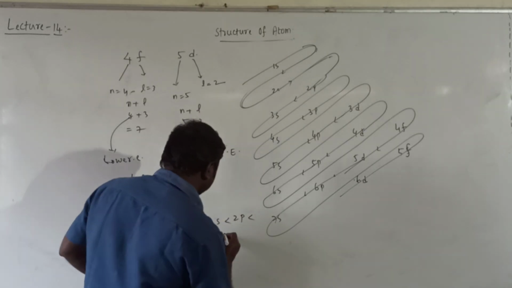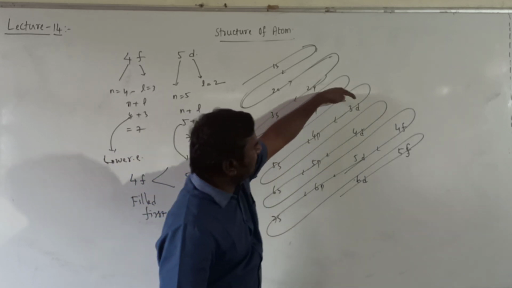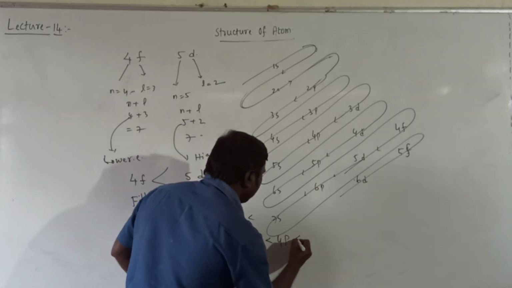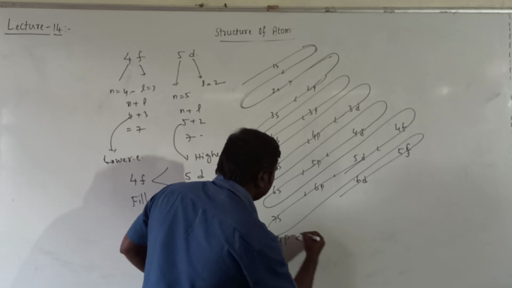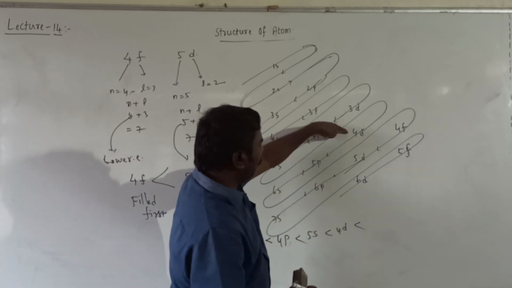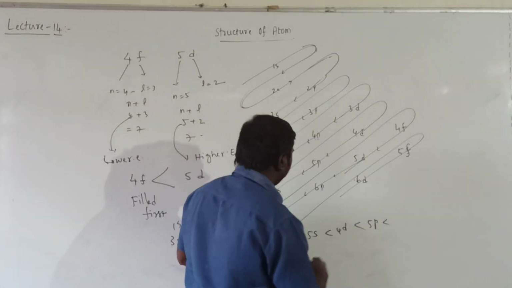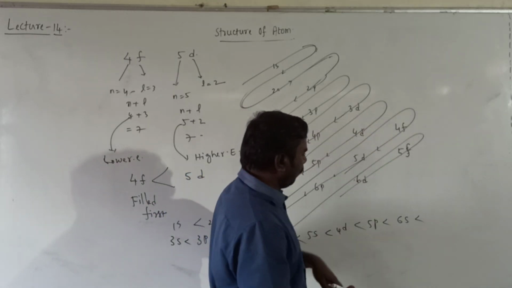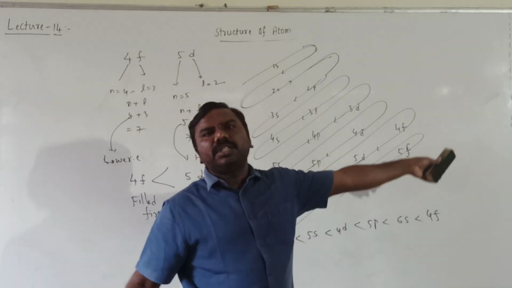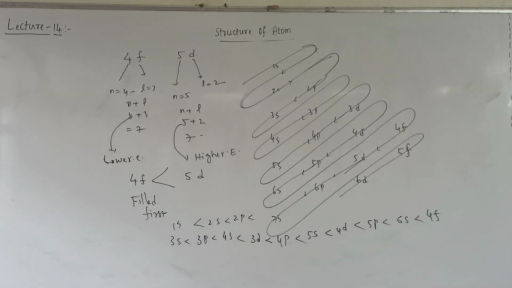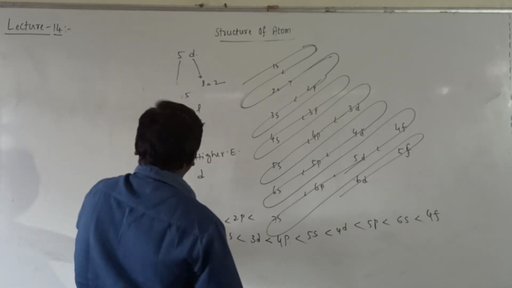After that 4s. After that 3d. After that 4p. After that 5s, after that 4d, after 4d 5p, after 5p 6s, after 6s 4f. Like that continuously you can take, students. This is the Moeller diagram. As per this you can fill electrons. Next, after this, Pauli's exclusion principle.